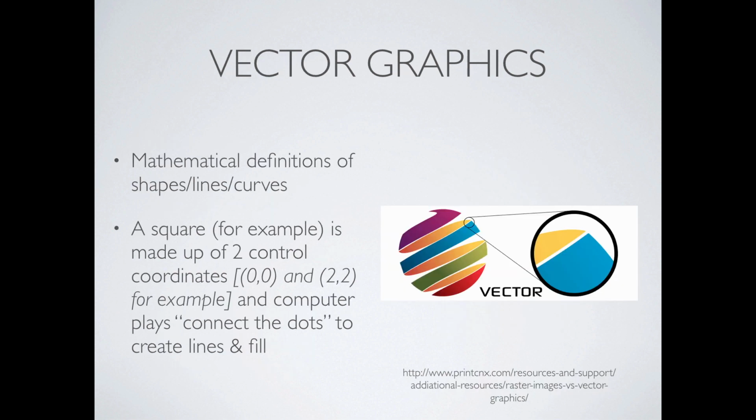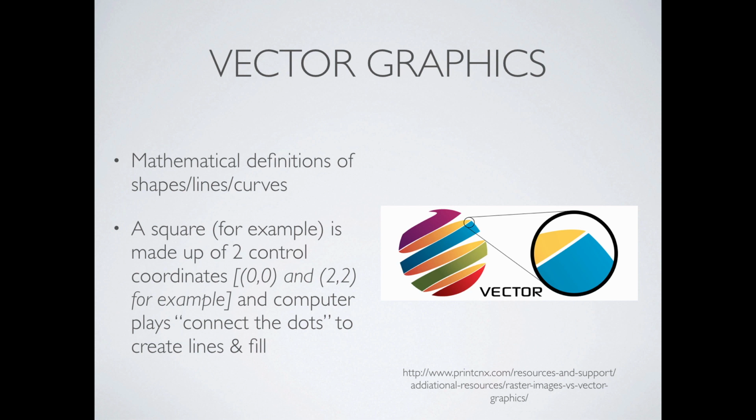Vector graphics, on the other hand, come from a mathematical definition of a particular shape. So if we think of a square, for example, there are two control points that control a square. There's one corner and there's the opposite corner. And the computer plays basically connect the dots. Draw a straight line up, draw a straight line over, and that becomes the square.